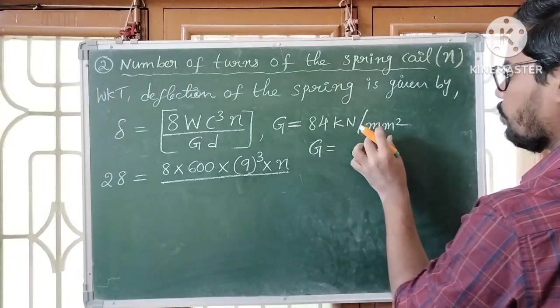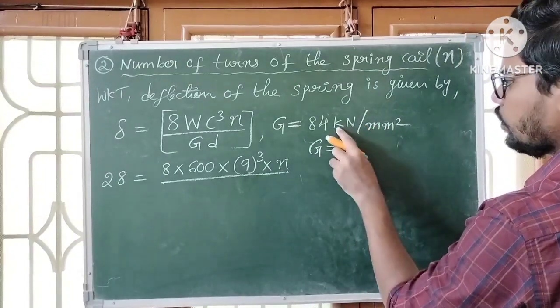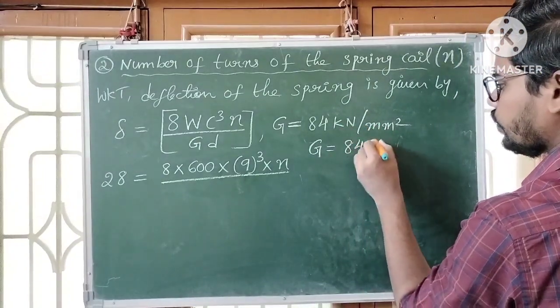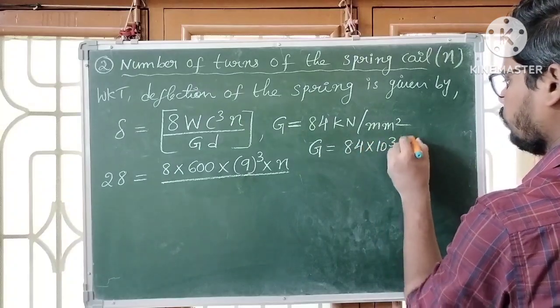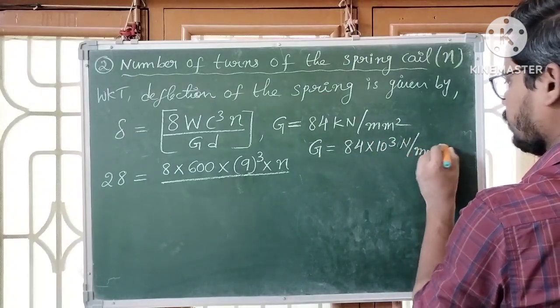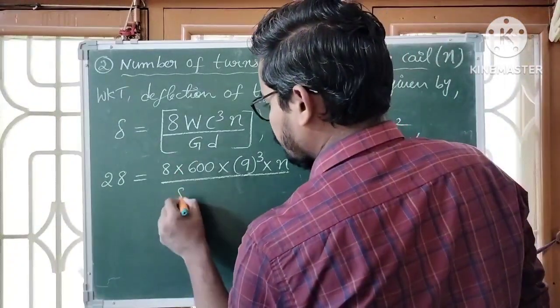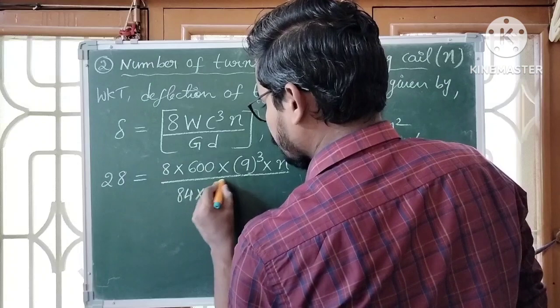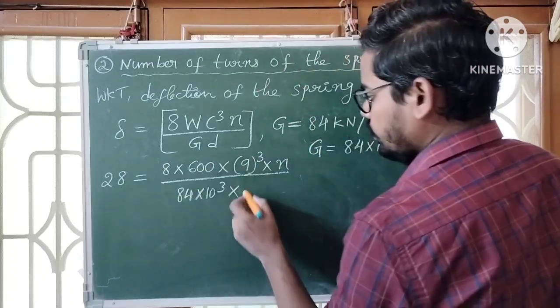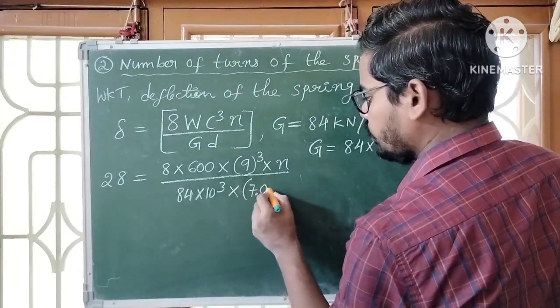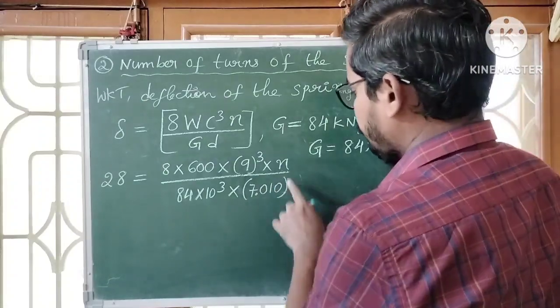Convert kilonewton per mm square into newton per mm square. Kilo means 10 cube, so 84 into 10 cube newton per mm square. So G is equal to 84 into 10 cube into d. The wire diameter is 7.010.